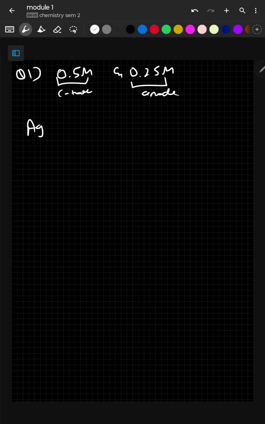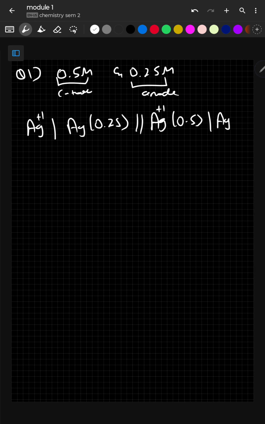First, the cell representation: Ag bar Ag plus 1 0.25, bar the salt bridge, Ag plus 1 0.5 bar Ag. The solution will have the plus 1.